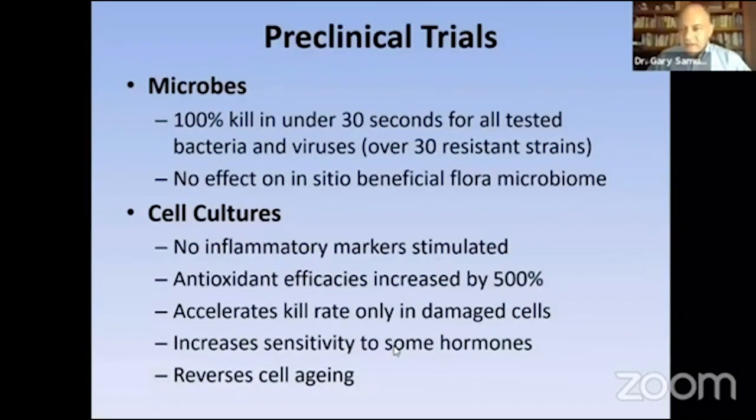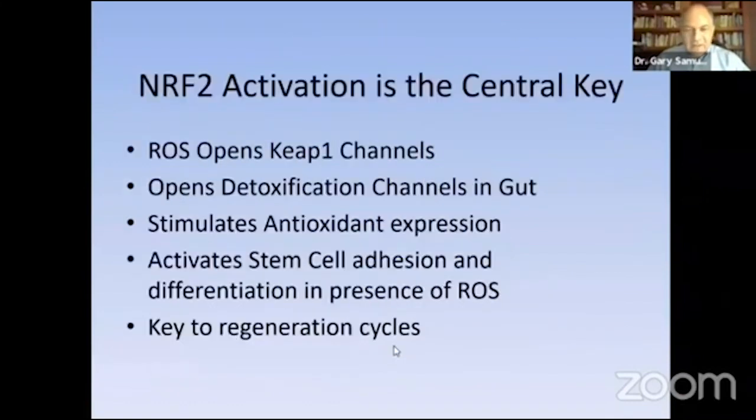It reverses cell aging. Cells that were aging and unresponsive all of a sudden became responsive and new when we put it to see in these cell cultures. It opens these KEAP1 channels, which are also part of the genetic pathways that we have studied.